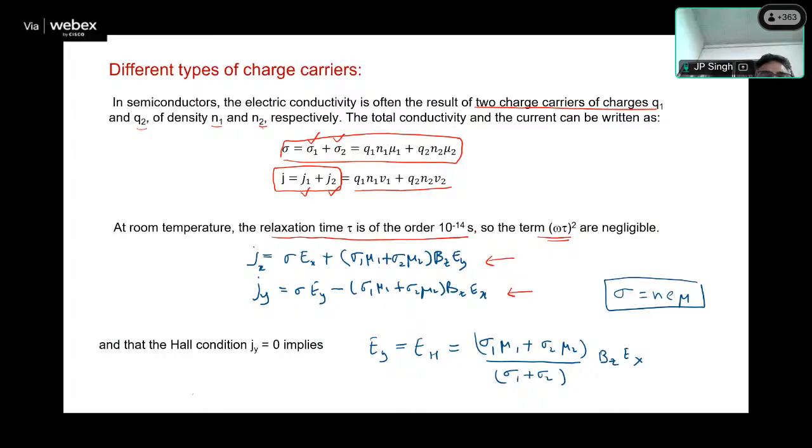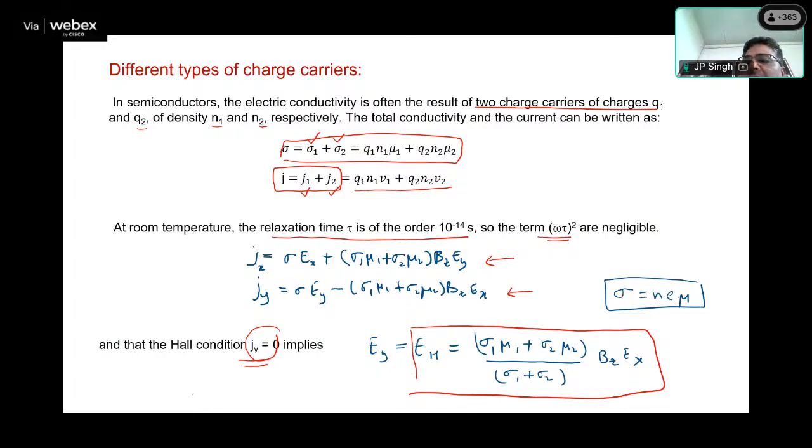Now I use the same condition that under the equilibrium condition, the Hall voltage will develop and there will be no drift velocity along the y direction, meaning Jy is 0. If Jy is 0, if I put that value, I can rearrange. So you get my Hall voltage when we have two types of charge carrier, which is given by simply this function.